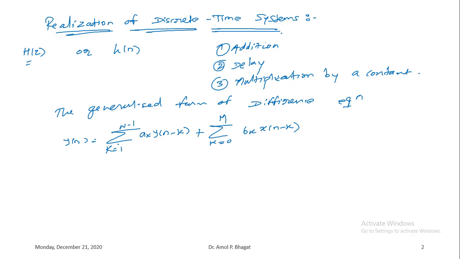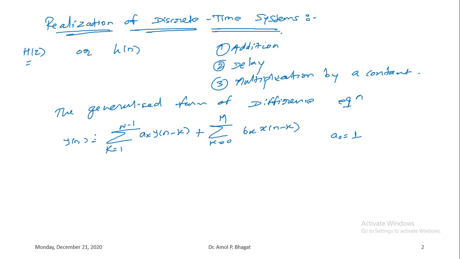Here you can see that this a0 is simply taken as 1, or more compactly we can represent this equation as follows.